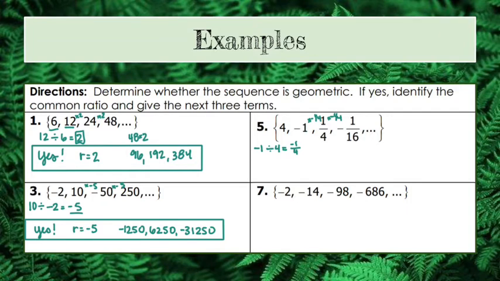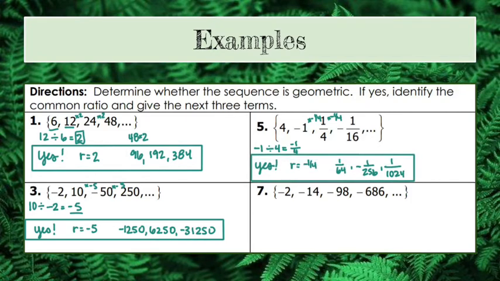And yes, it is going to give us the same answer every time. So r is equal to -1/4. And the next three terms, we're just going to keep multiplying by -1/4. And 1/1024. And that is our answer.